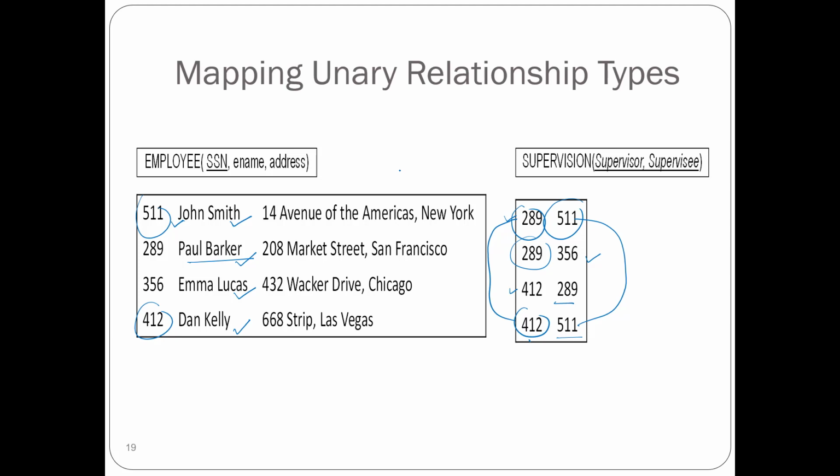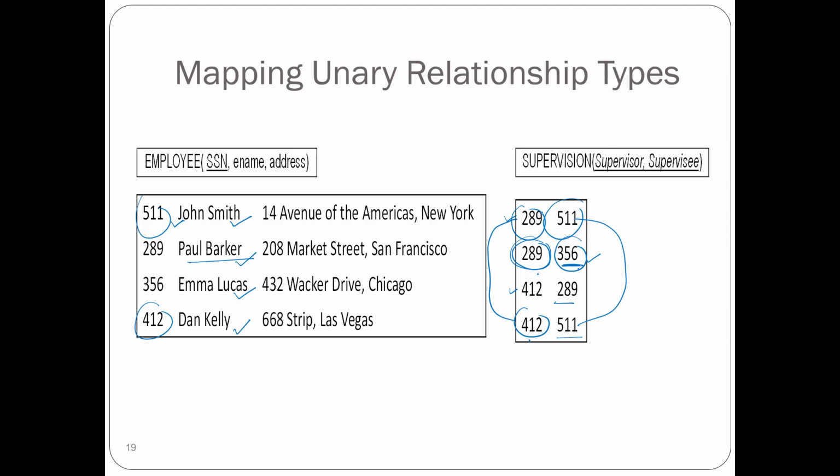And then we have people like Emma Lucas, 356. Well, 356 is not present here. Means that Emma Lucas is not supervised by anyone, right? So that is also possible here. No, wait a second. 356 is here. Here you go. 356 is Emma Lucas. She is a supervisee. She is being supervised by 289. Who's 289? Paul Barker.